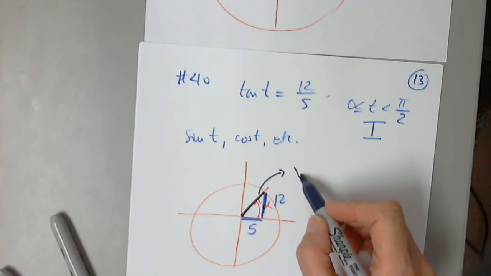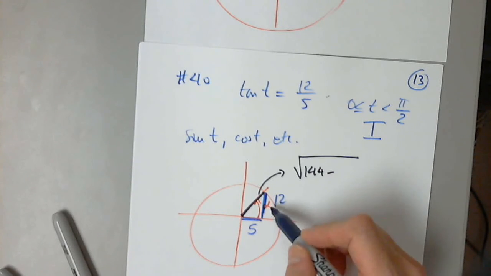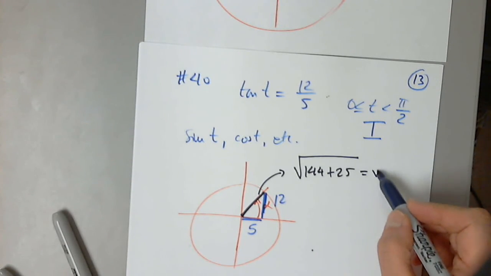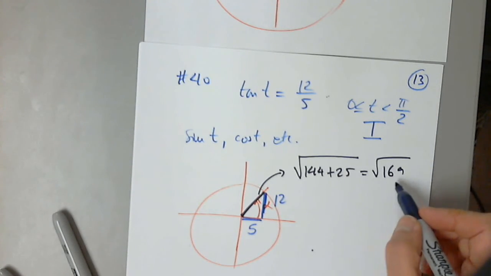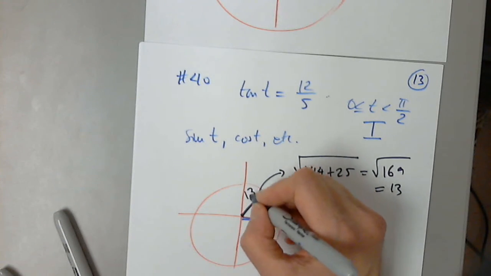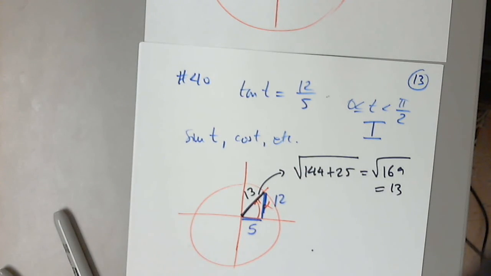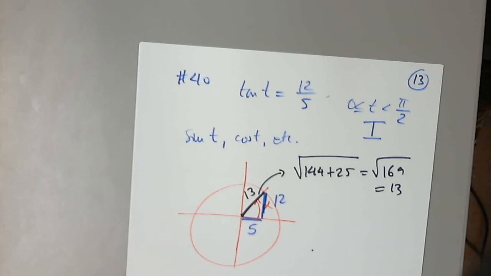The hypotenuse will be the square root of 144 plus 25, which is the square root of 169, which is 13. Perfect. 5, 12, and 13 are called Pythagorean numbers because they are in this relationship: 5 squared plus 12 squared equals 13 squared. And then the rest is easy.